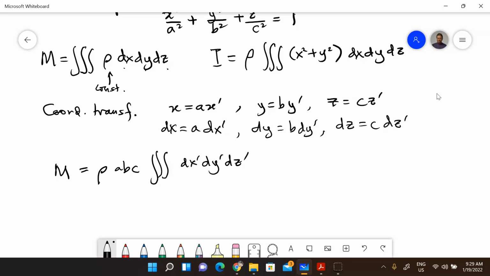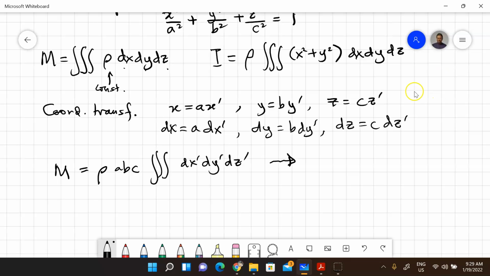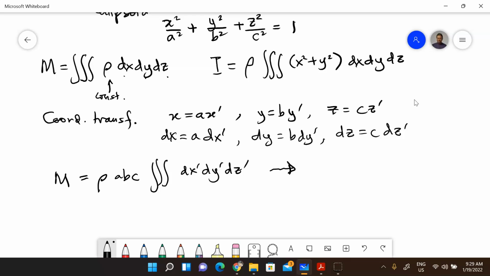Now here what one can also do is the following. How do we integrate this? Well, first of all, if you look at the earlier equation over here and replace by the new variables, then what you're going to get is x dash squared plus y dash squared plus z dash squared equals 1. And this is essentially the equation of a sphere, or ball, if you consider the thing inside as well.